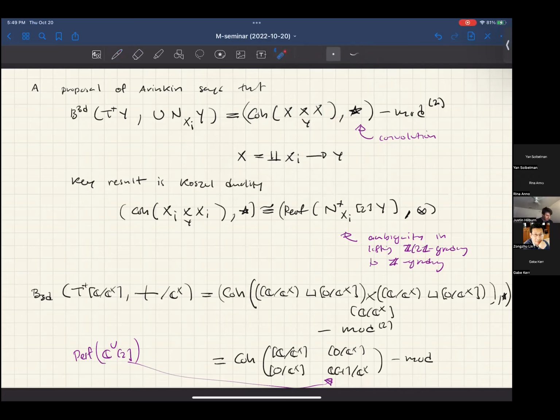And you can think of this copy of C dual as being this cotangent fiber. Sorry, I should have a mod C star there. And this guy is this cotangent fiber.